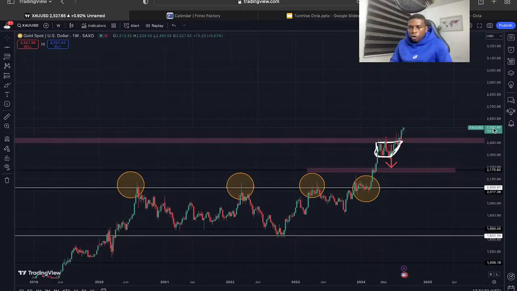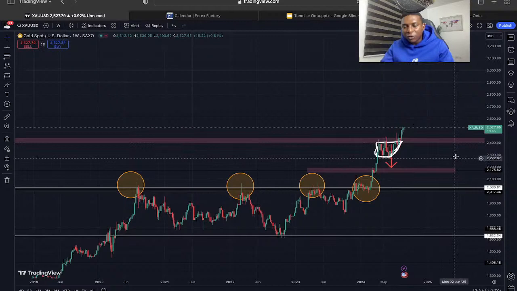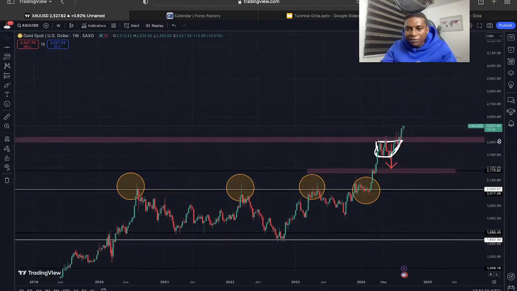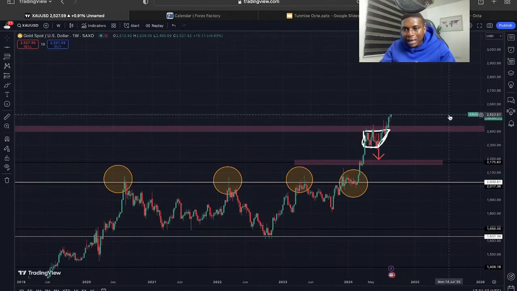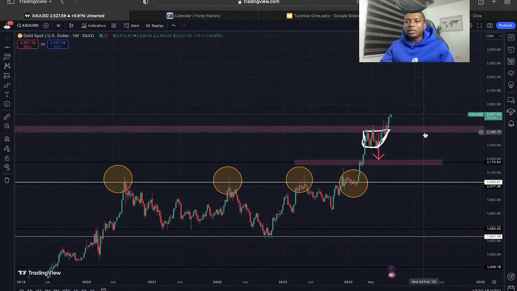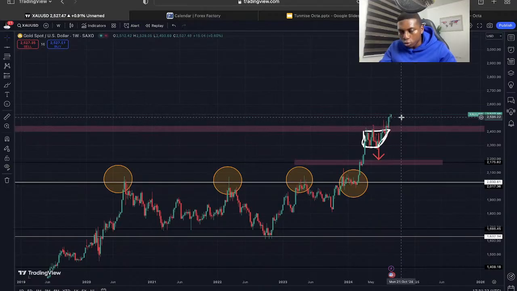All right, so outside of technical dynamics or price action, fundamentally gold is driven by the macroeconomic environment, and we might just be in the beginning of the all-time high on gold.